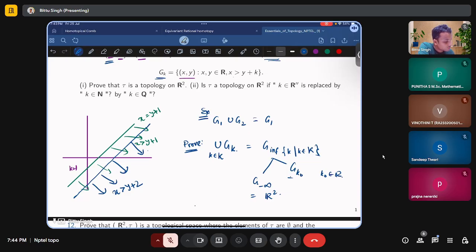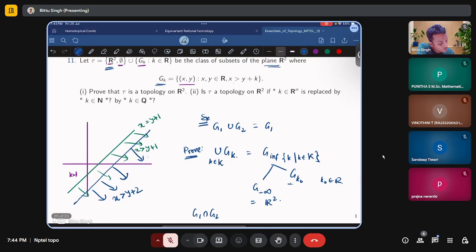Now, what about intersection? G1 intersection G2. So this is our G1 region, x greater than y plus 1, and this is the G2 region. So what about their intersection? Instead of 1, 2, I am writing k1 and k2. That will be G of the maximum of those k1, k2, right? Maximum or supremum, whatever you write, the supremum of these k1, k2.